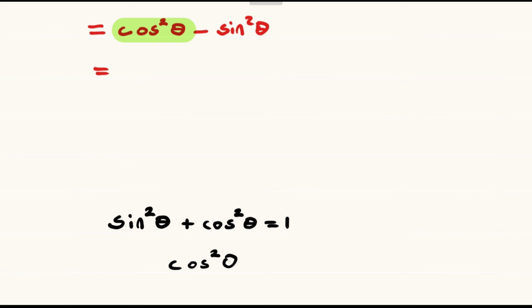Cos squared theta will be equal 1 minus sin squared theta. So in the place of that cos squared theta, we will substitute the 1 minus sin squared theta.